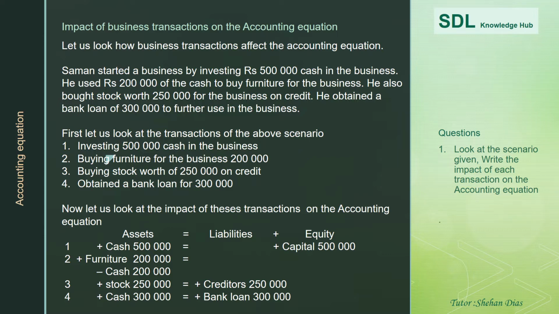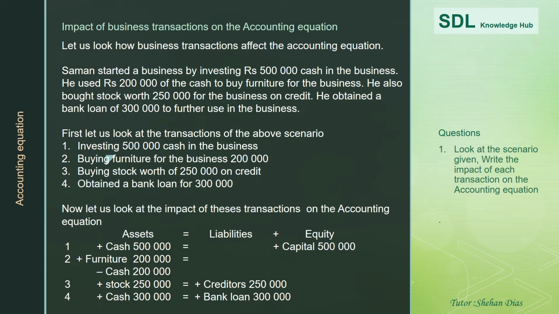Number 3, buying stock worth 250,000 on credit. And the last one, obtaining a bank loan for 300,000. Now we have separated the four different transactions. So now we look at the impact of them on the accounting equation, which is assets equals liabilities plus equity.